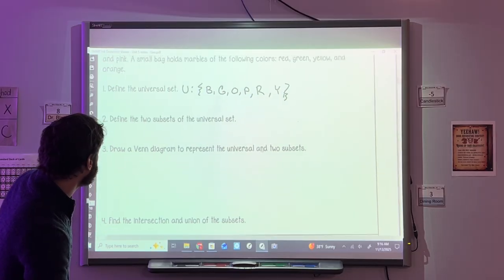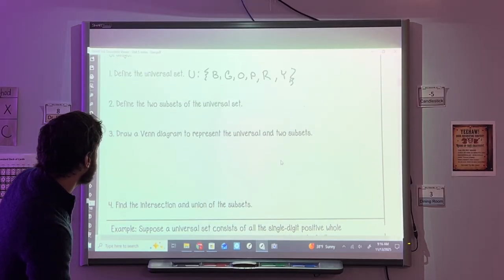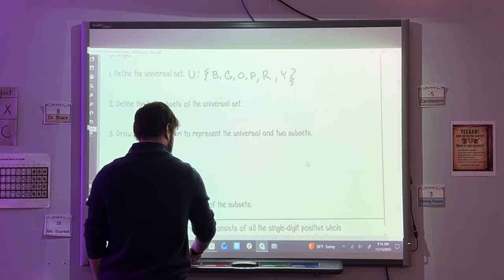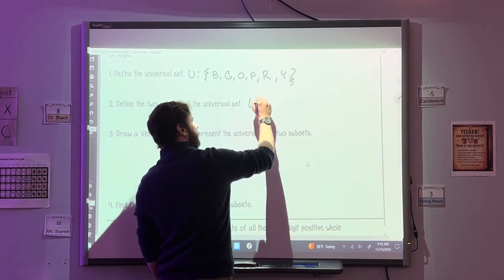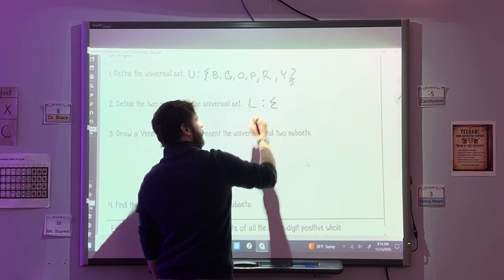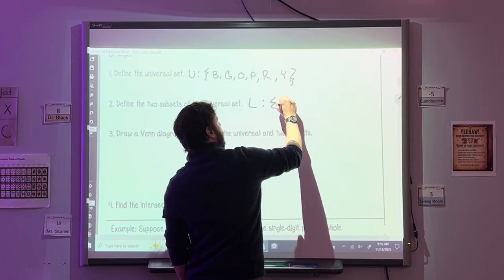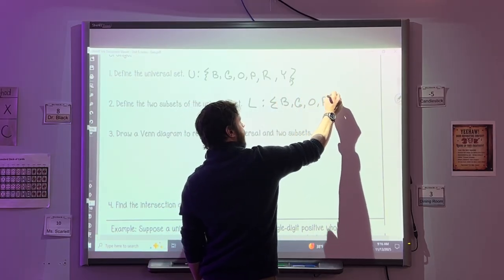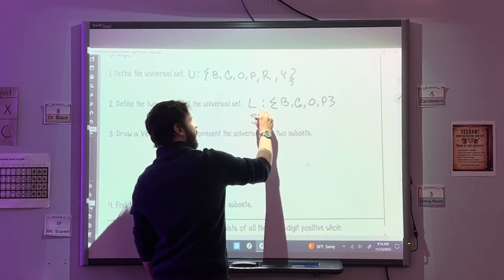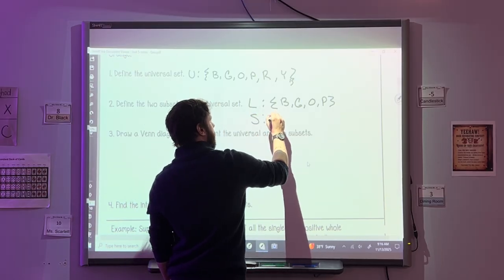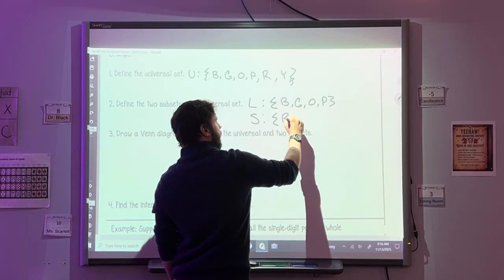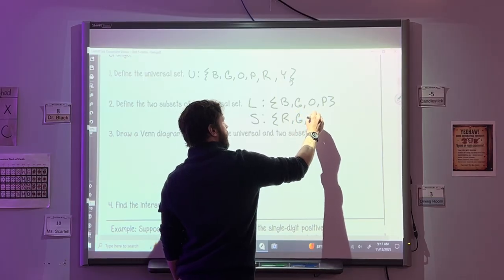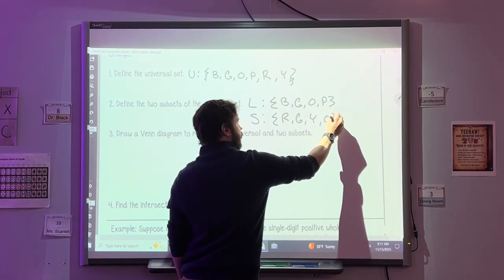Define the 2 subsets. Okay, so our large bag had blue, green, orange, and pink. And the small bag had red, green, yellow, and orange.